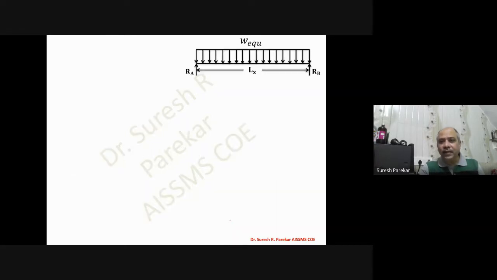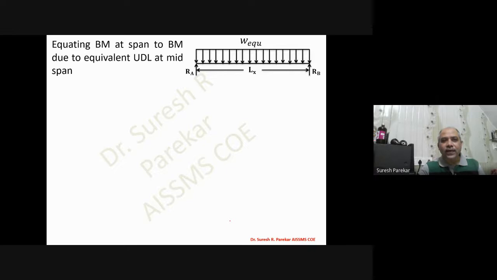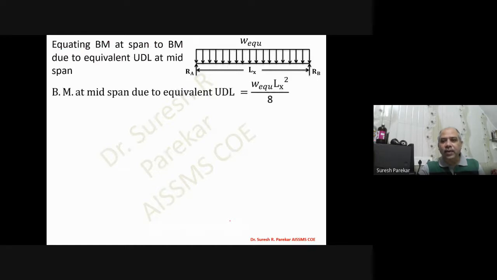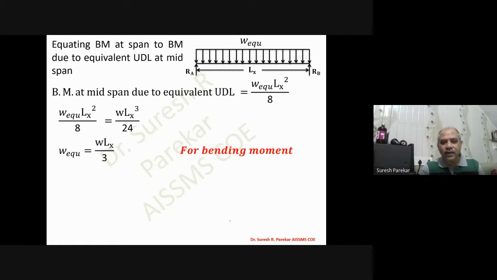Now we have W equivalent, and then we will take bending moment at center, and we will equate the bending moment from trapezoidal, which is WLx cube by 24, and due to this W equivalent Lx square by 8. And by equating these two values, we are going to get the value of W equivalent, which will be equal to WLx by 3. So for bending moment purpose, equivalent UDL on short beams will be taken as WLx by 3.